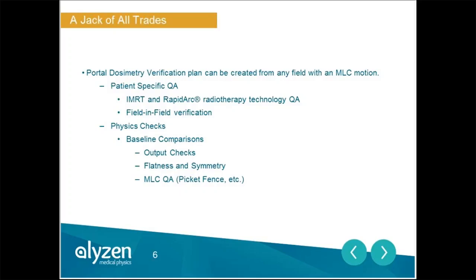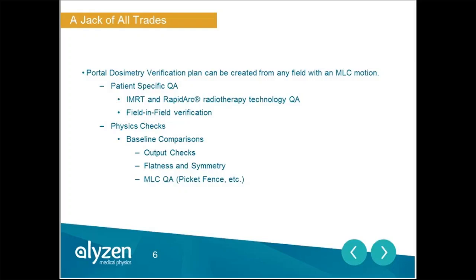So that kind of gives us an overview of what portal dosimetry does. How does it do its calculation? But what can we really use it for? Well, the obvious answer is patient-specific QA. We can use it for IMRT and RapidArc verification, or we can use it for field-in-field verification for breast patients, for example.